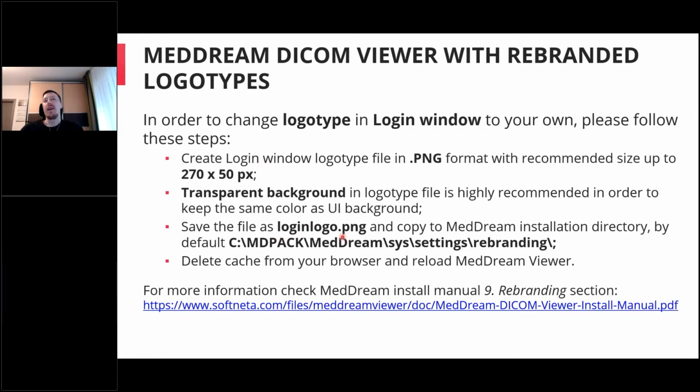You would save this file as loginlogo.png and copy it to the MedDream installation, by default in C:\xampp\MedDream. You would go to the rebranding folder, copy and paste the logo file, and refresh your browser, of course deleting the cache of the browser, and it would be changed.